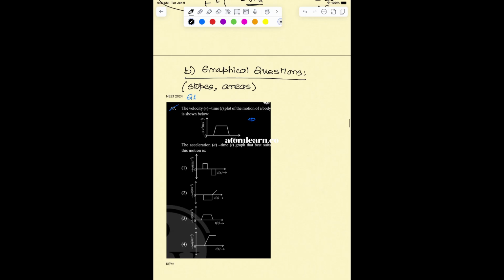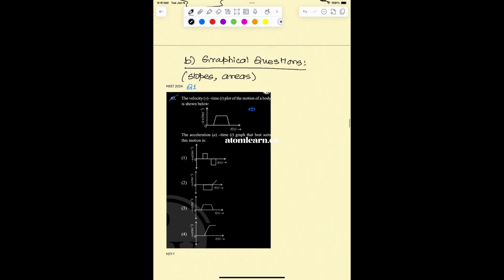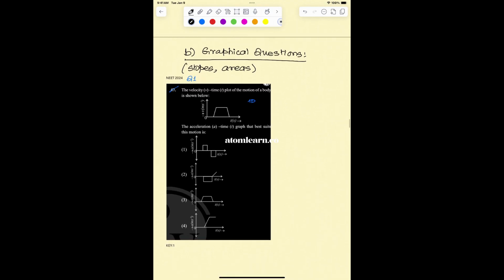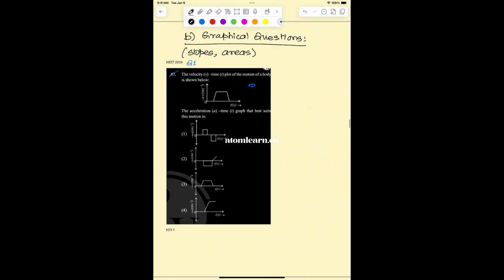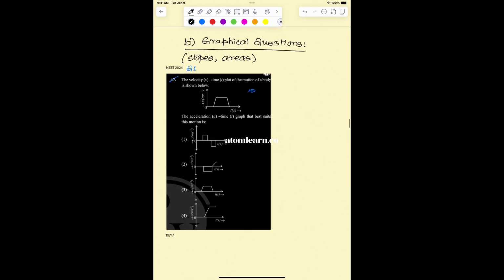Right now, we are attacking the fundamental levels of the concepts by means of questions. Therefore, we will take up some of the past asked questions. Graphical questions is what we are going to deal with.